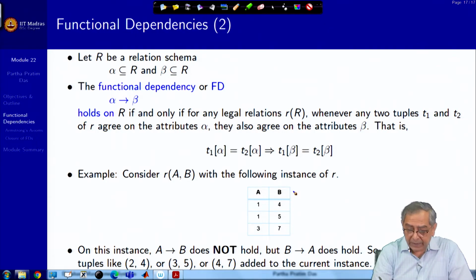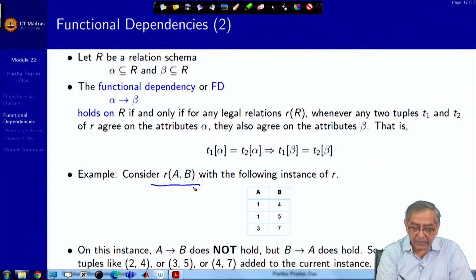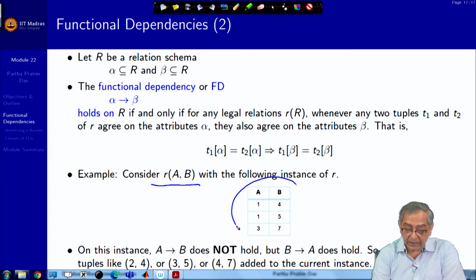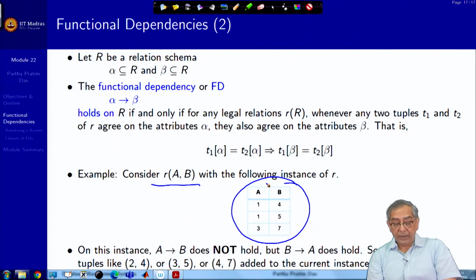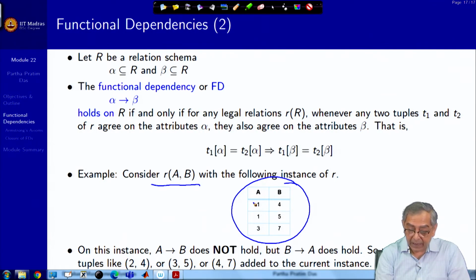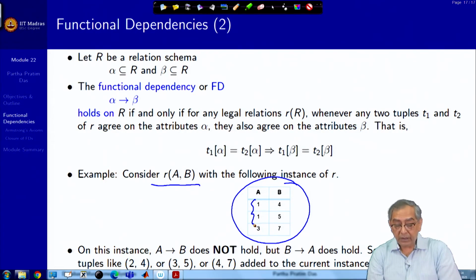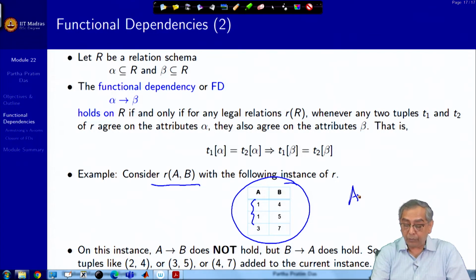To take a simple example, let us consider a 2 attribute relation, and there is an instance of this schema. You can very easily see that I have 2 tuples, 1 4 and 1 5, which match on A but do not match on B. So, I can quite easily say that this does not hold.